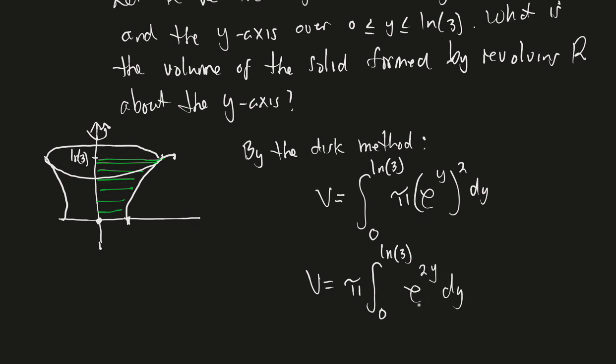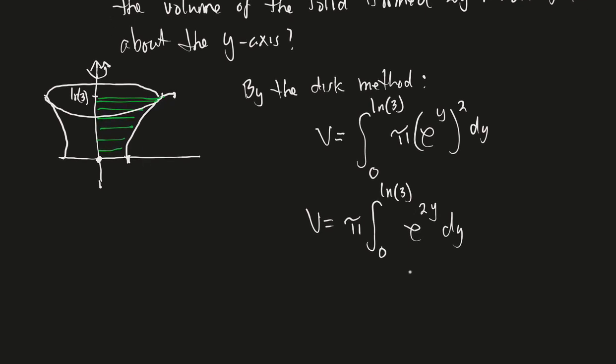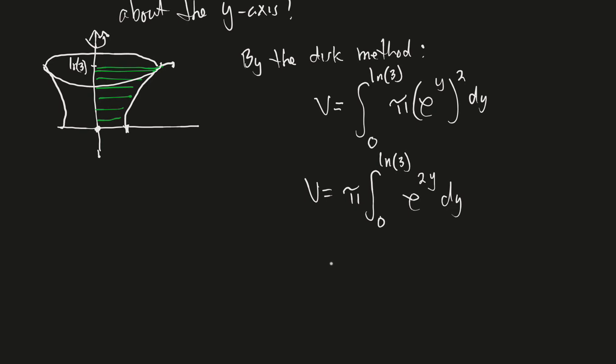And then I have to write down the antiderivative of this. So we have to use our special exponential rule. So it is pi times the antiderivative of e to the 2y, which is 1/2 e to the 2y, and then we evaluate it at 0 and the ln of 3.